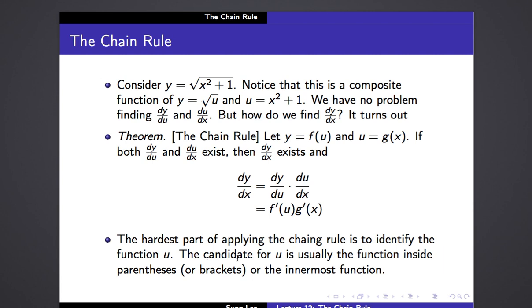The candidate for u is usually the function inside the parentheses, or sometimes brackets. But sometimes your composite function doesn't have parentheses or brackets. In that case, most of the time you can easily identify the innermost function, and that's most likely going to be your u.